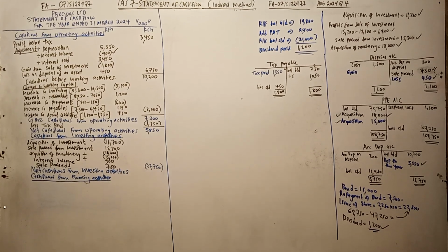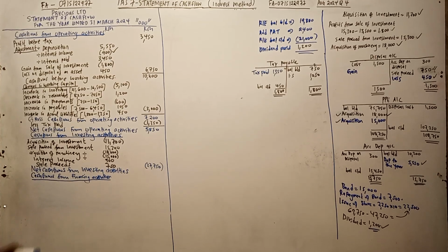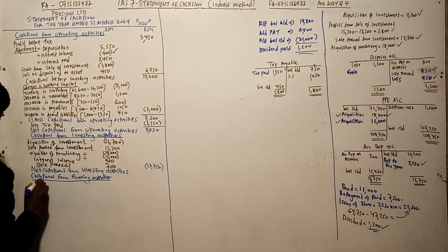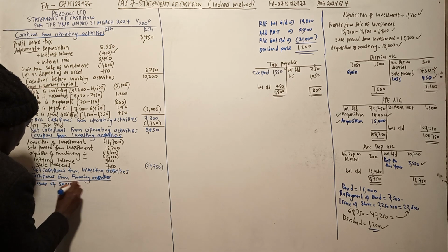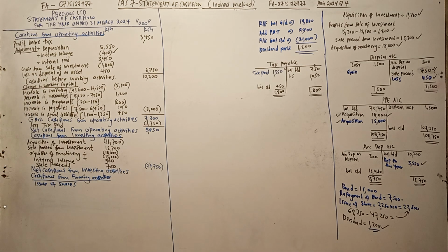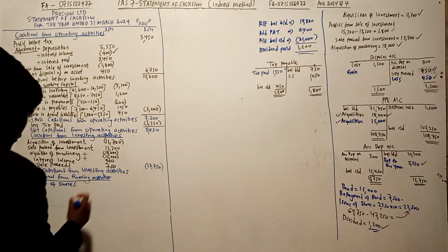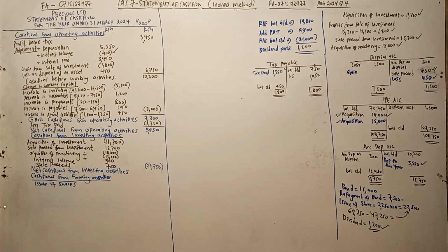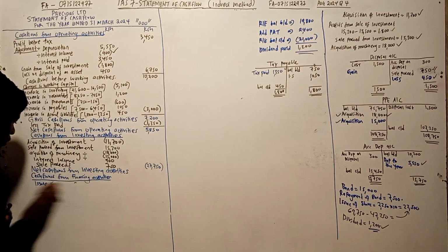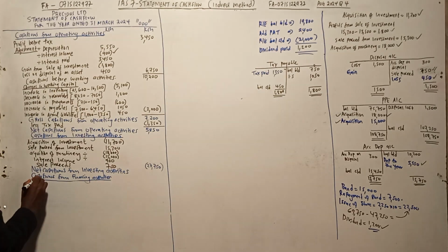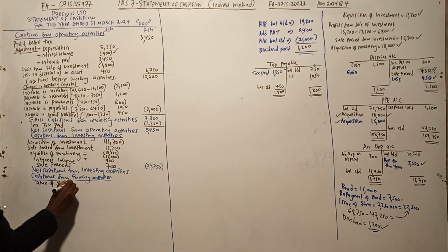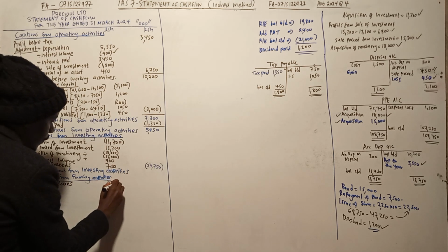Now financing activities, the first item was the issue of shares. So issue of shares tuliona ni 22,500.